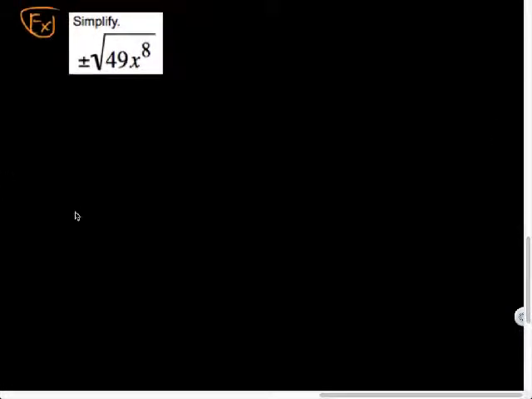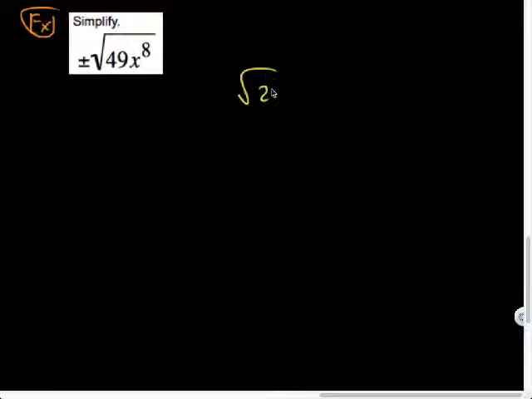So, if I want to know what the positive and negative square roots of 49x to the 8th are, what we can do is break this into things that would cancel out with a square root. Because I don't know if you realize this, but the square root of 2 squared is 2, because the square root and the square cancel each other out.